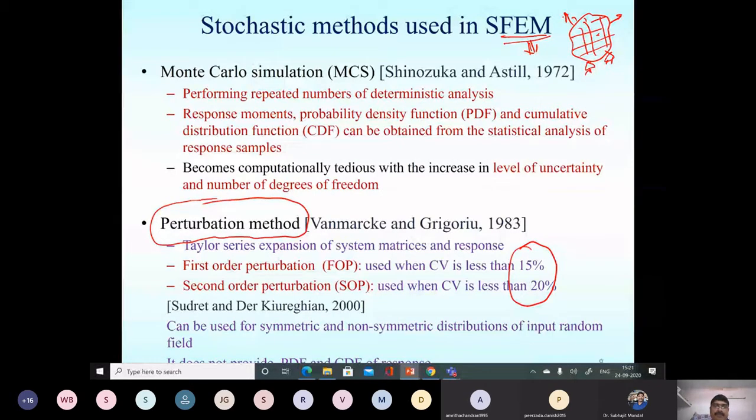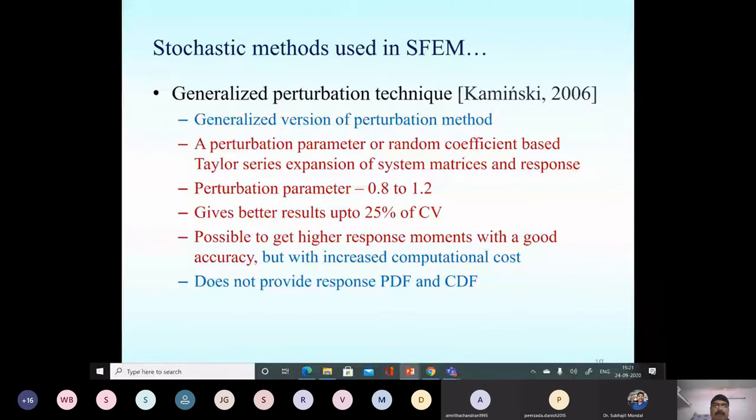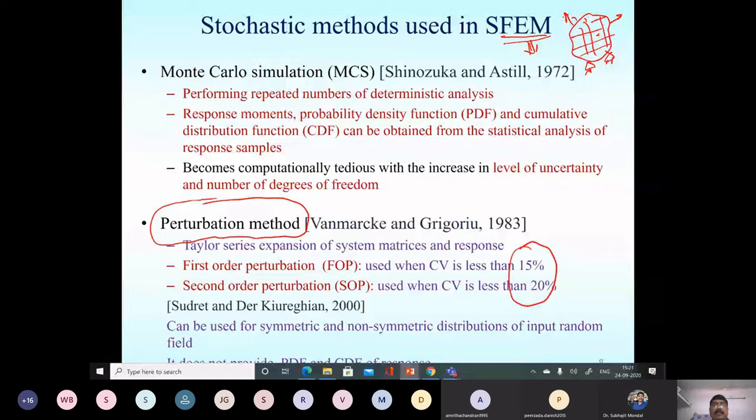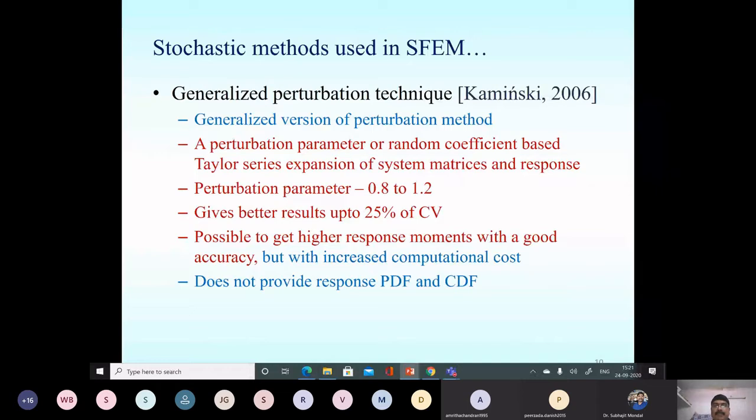If you want higher order moments, you can get them, but the problem becomes more complex. In that aspect, Kaminsky proposed the generalized perturbation technique. It is again based on Taylor series expansion, but he used a perturbation parameter, and he proposed that it can give better results up to 25% of CV. But still, you cannot get the PDF and CDF.